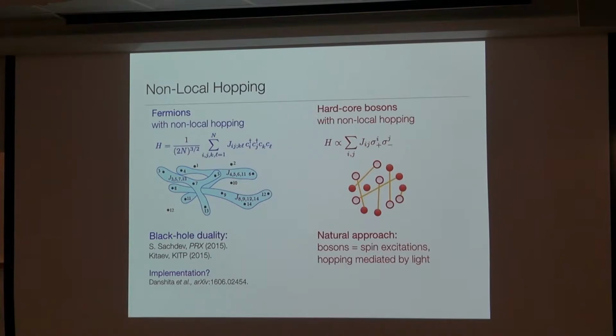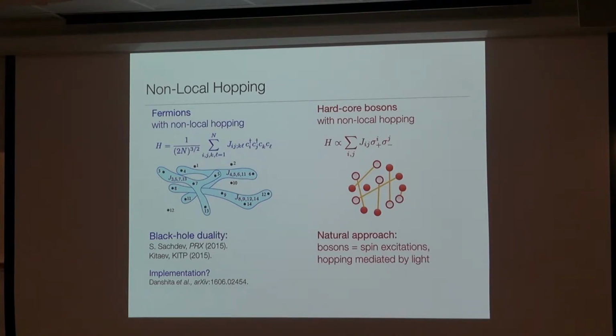So the idea would be, if one can generate models where I have a system of spin-half particles, and I think of spin down as an unoccupied site and spin up as an occupied site, and I can engineer flip-flop processes where a spin up and a spin down exchange their states, then this is a type of hopping process.